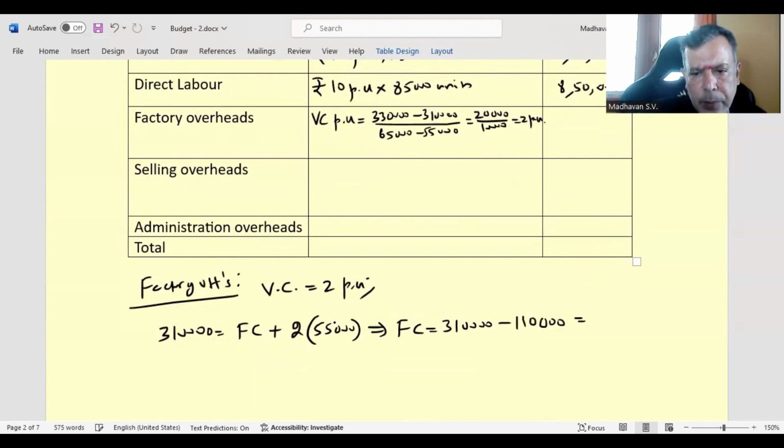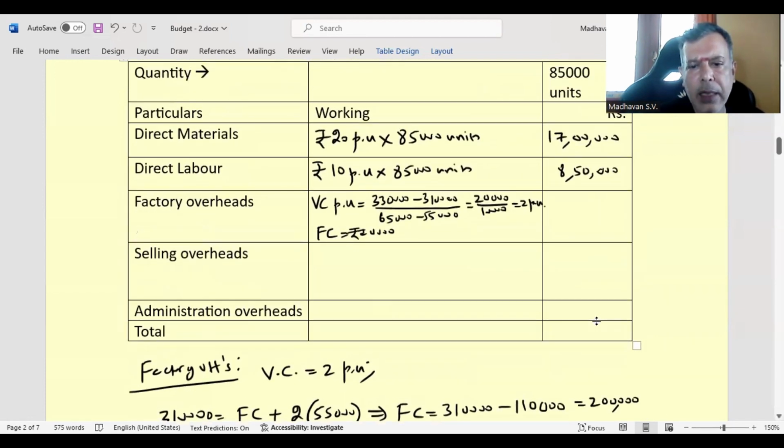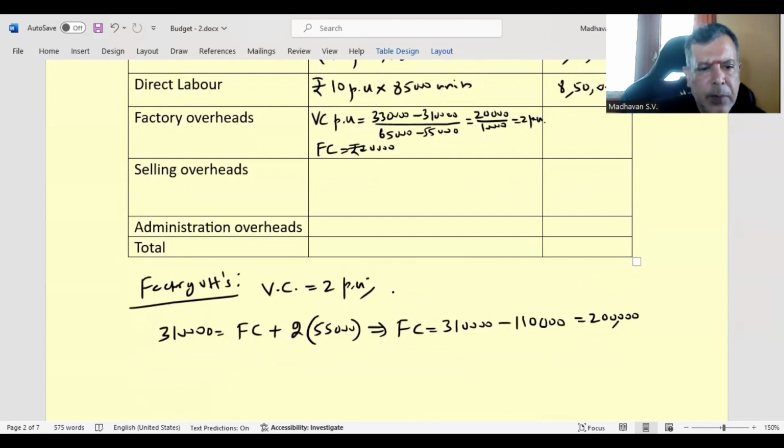That will give you 2 lakh. So our fixed cost is 2 lakhs. We will write it here only.